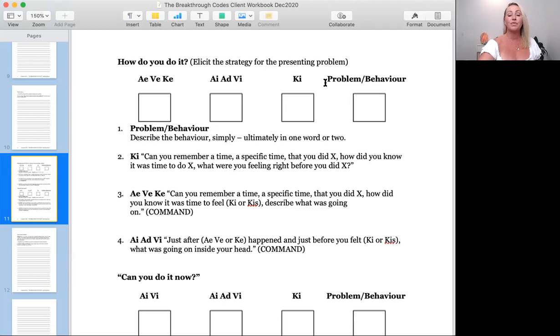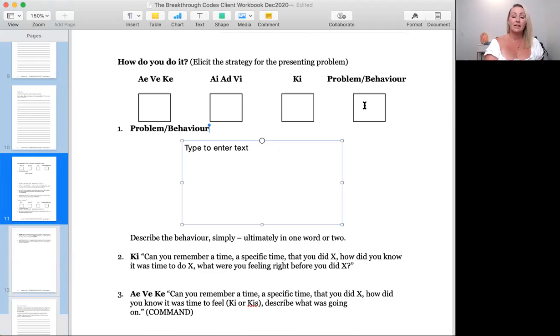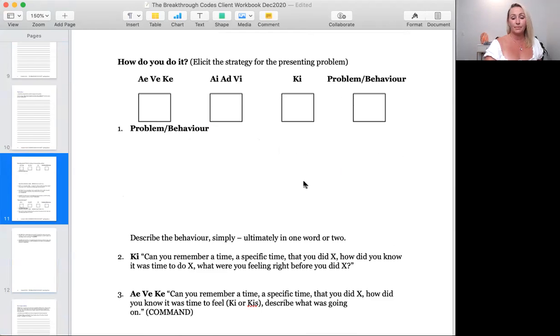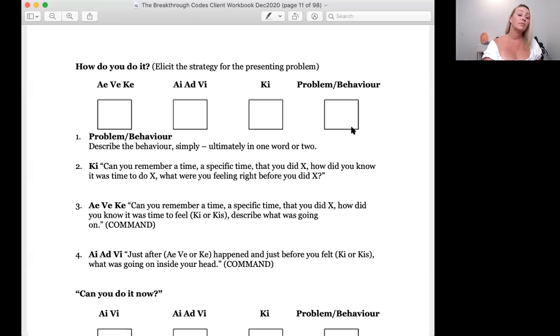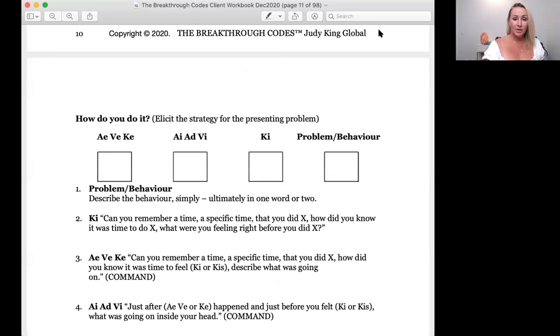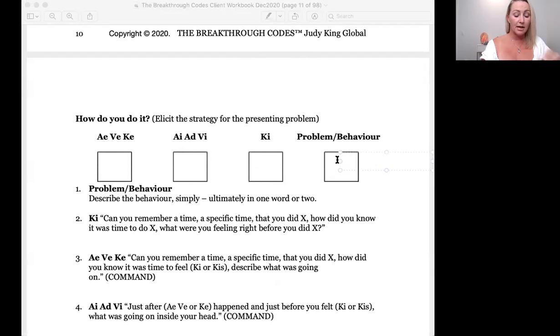The problem is you're going to put that in this box here. Let's say shutdown is a good example of what someone might do.